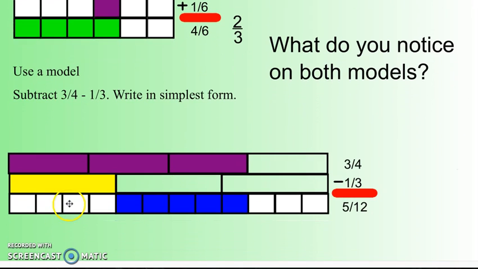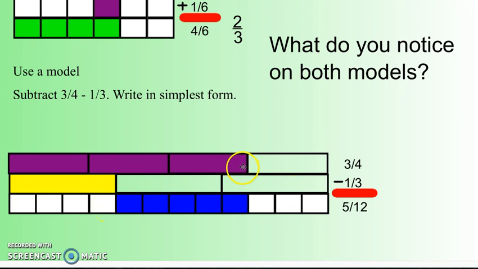If you look at this, notice we can separate both of them, because I can separate 4ths into 3 equal parts, and I can separate 1/3 into 4 equal parts, and if you count them all up, they both have a common multiple of 12. So I can go from 4 equal parts to 12 equal parts, and I can go from 3 up to 12 equal parts.